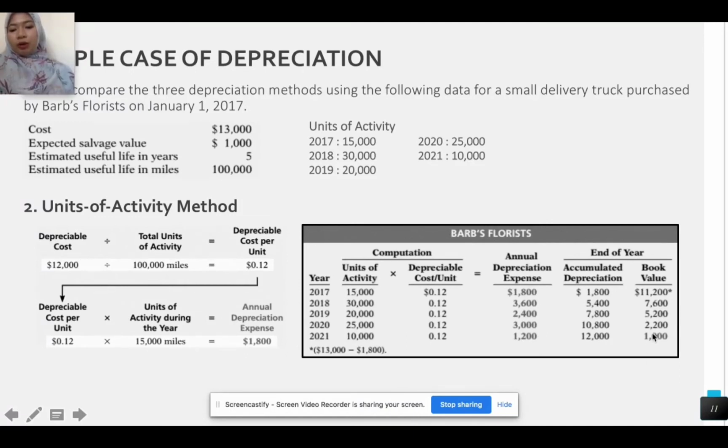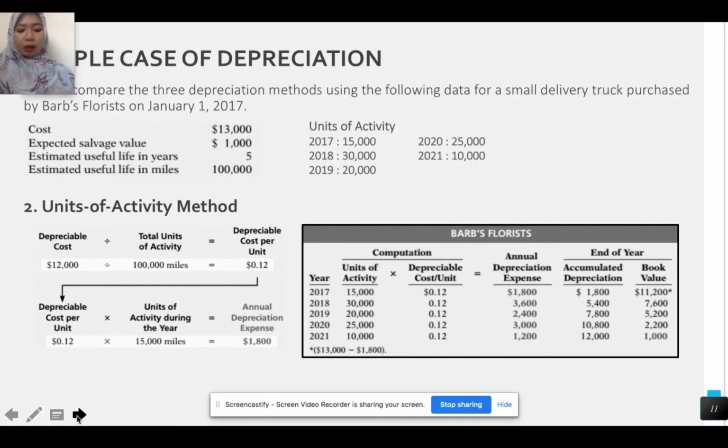The book value of the last year must be the same as the expected sale value. So the book value of the last year must be $1,000. I hope you can understand this method.